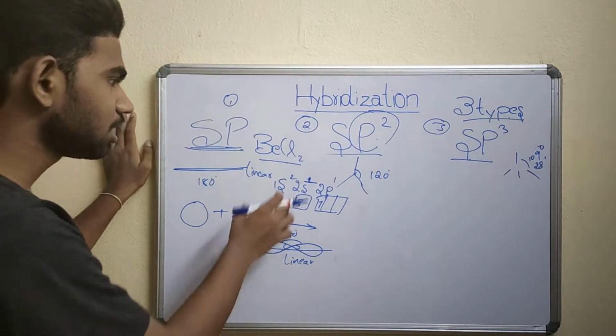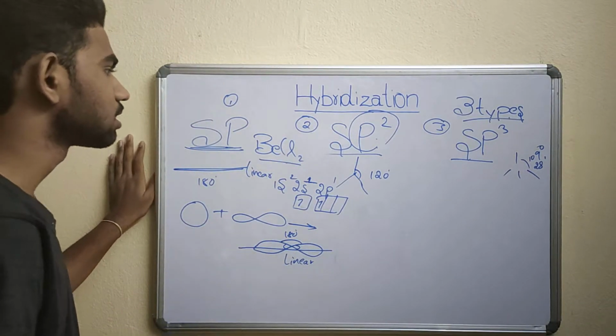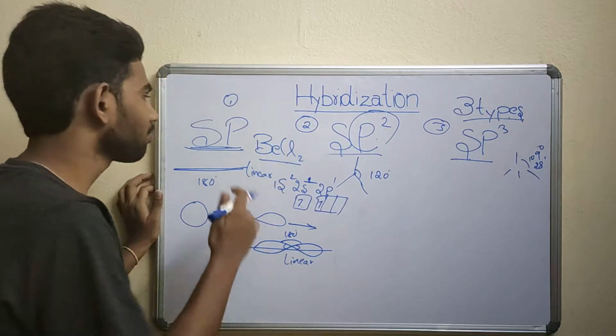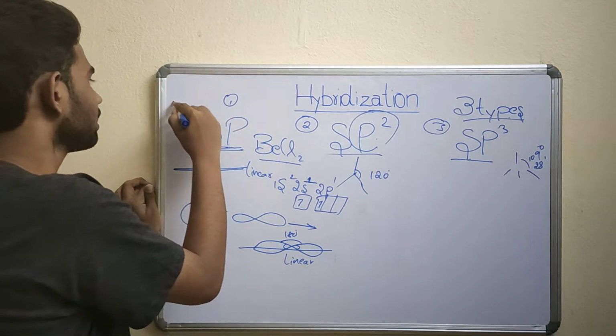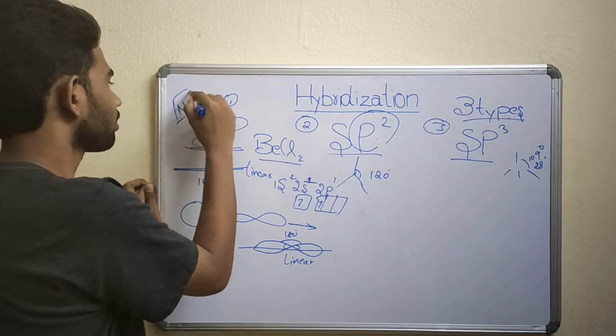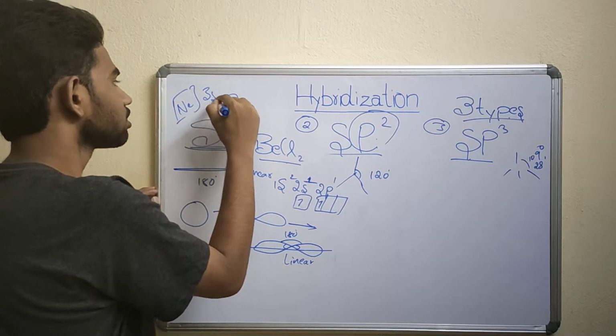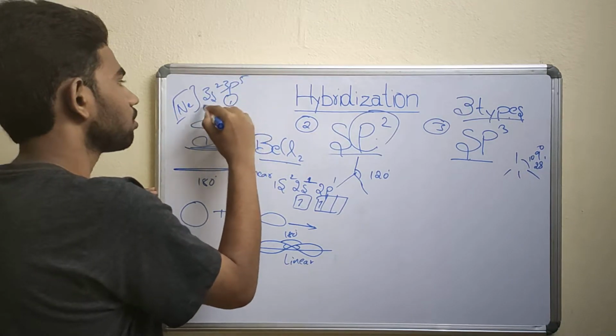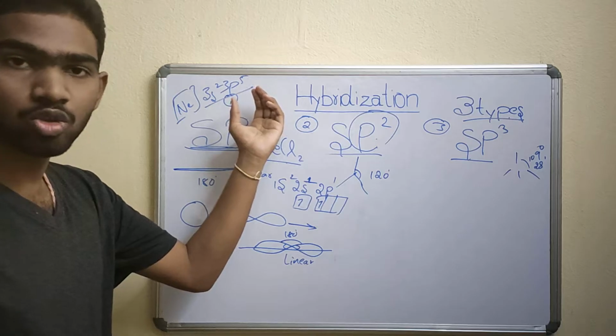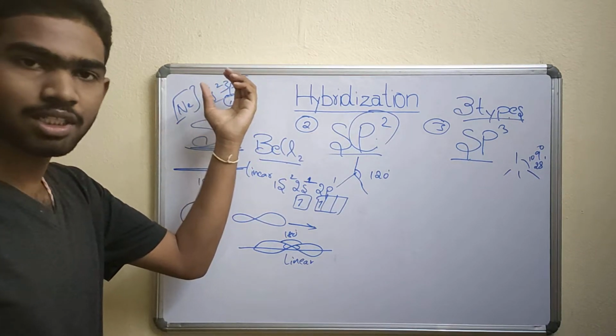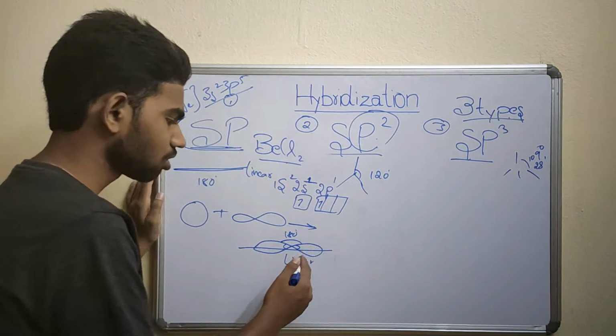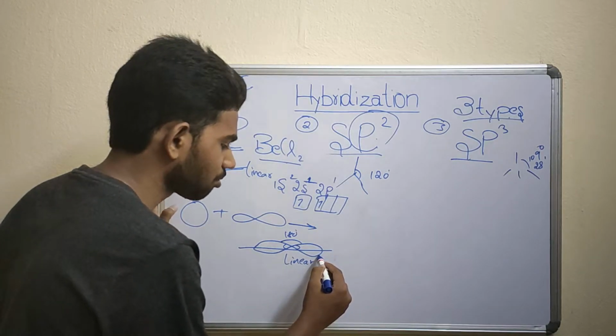BeCl2 has two chlorines. The chlorine electronic configuration is neon core with 3s2 3p5, so one p electron is a bonding electron, in a p orbital.